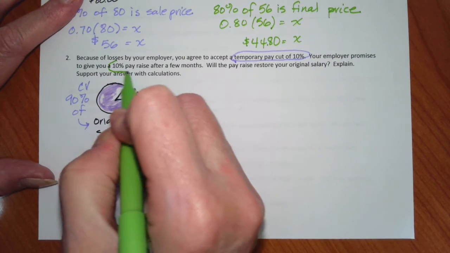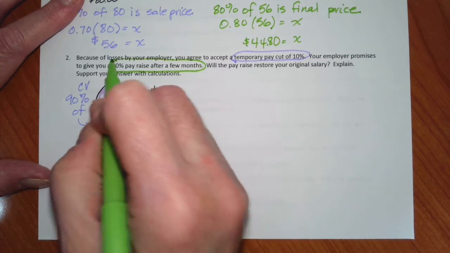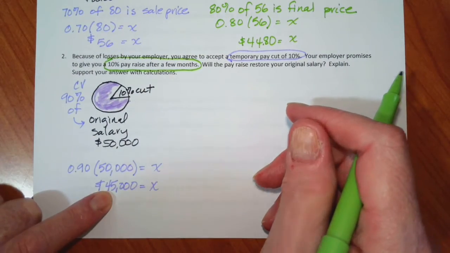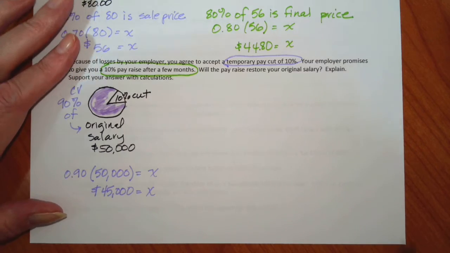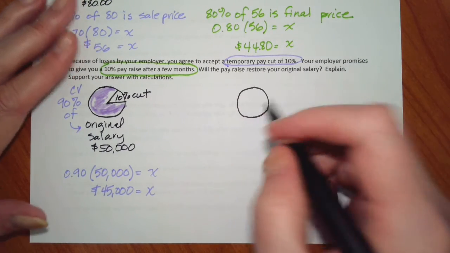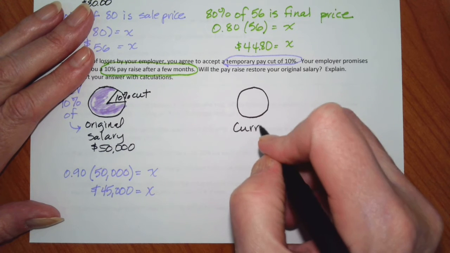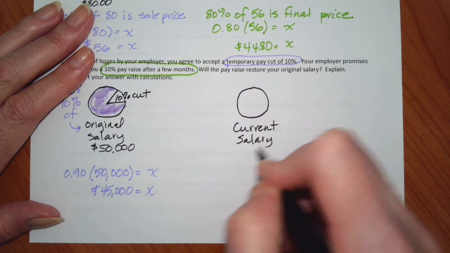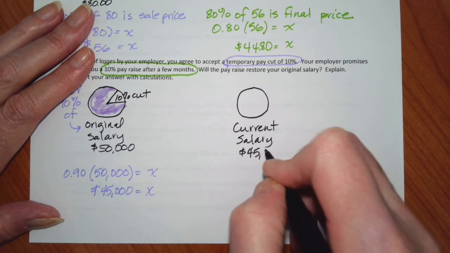But then your employer is going to give you a pay raise after a few months. As you go to the next phase of it, your current salary is $45,000.